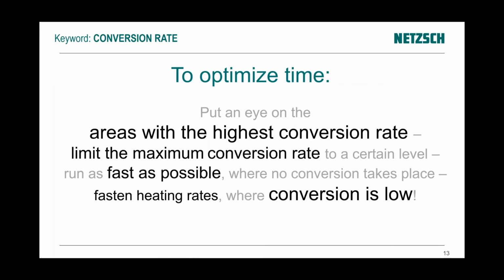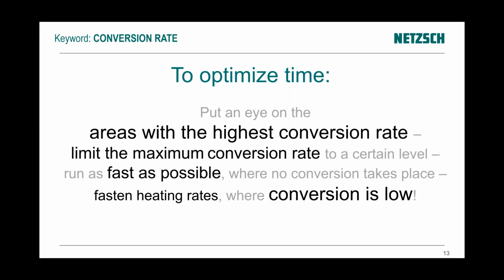It's all about this tiny sentence. It's all about the keyword conversion rate: how to optimize time in your sintering process. You need to keep an eye on the areas in your sintering process with the highest conversion rate, because this is the point in the process where damage like micro cracks or deformation can occur.